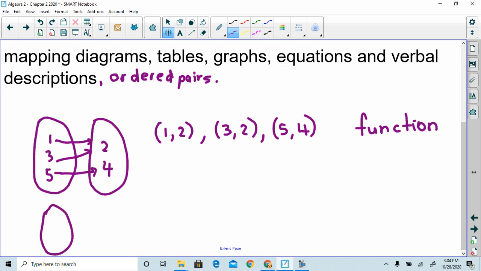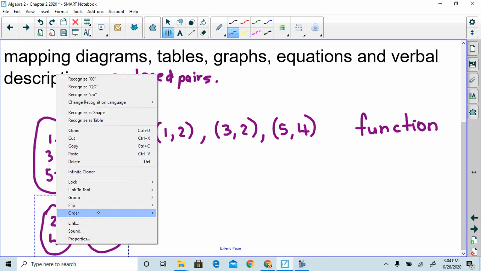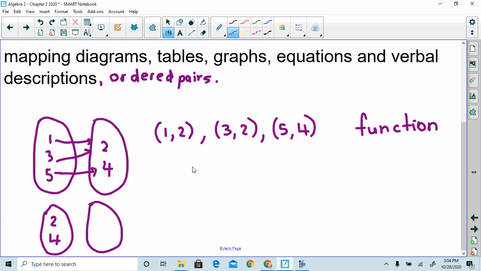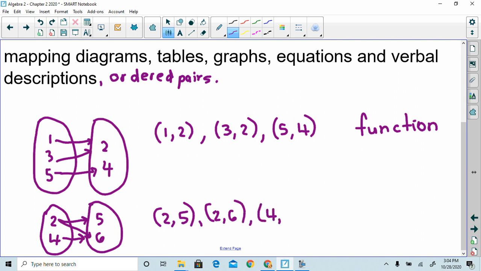Let's take a look at a second example. Suppose I have 2 and 4, and we'll say that this goes to 5 and 6. Well, 2 goes to 5, 2 goes to 6, and 4 goes to 6. So I'm going to write those as ordered pairs, 2 to 5, 2 to 6, and 4 to 6. We're looking at these input values or the domain values.